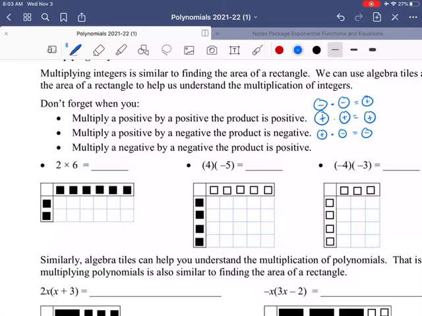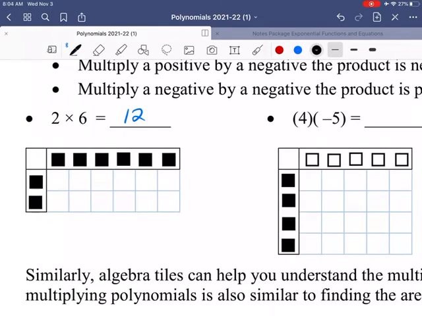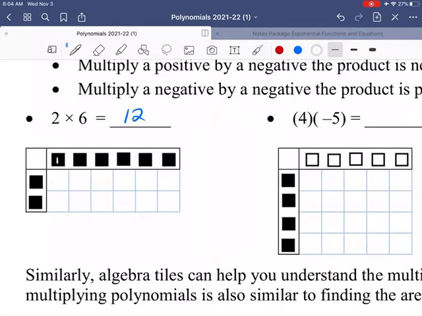Here's one example. We've got 2 multiplied by 6, and the answer is clearly 12. We can show that with algebra tiles. If you recall, each one of these little tiles is positive 1.